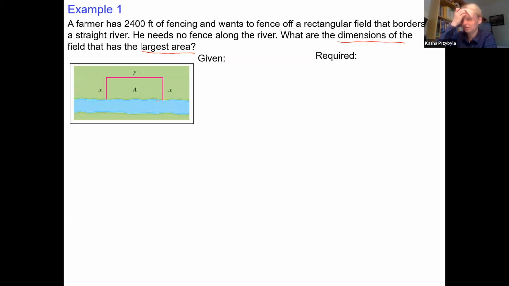In this case, we can draw it nicely. The given information is only 2,400 feet of fencing.